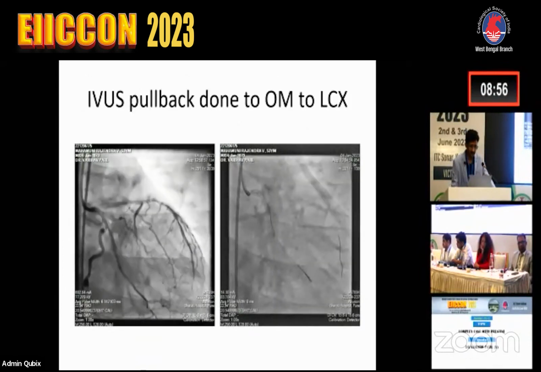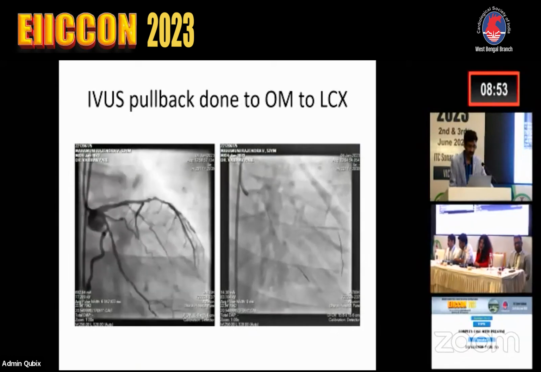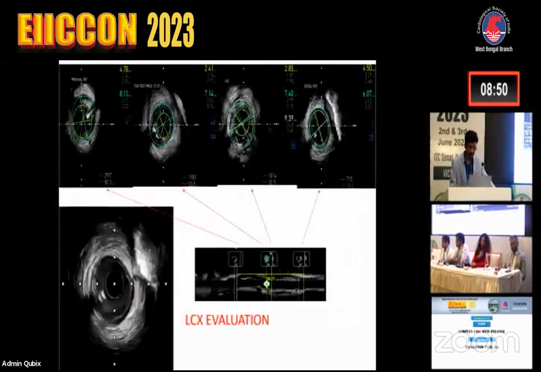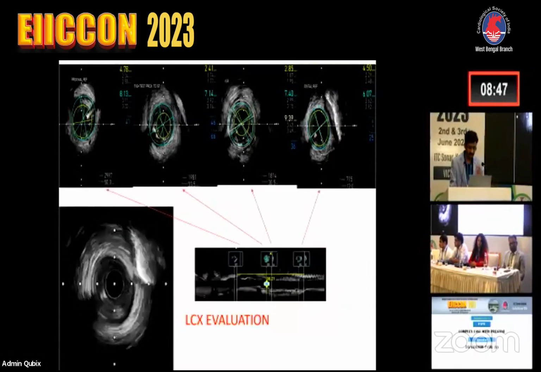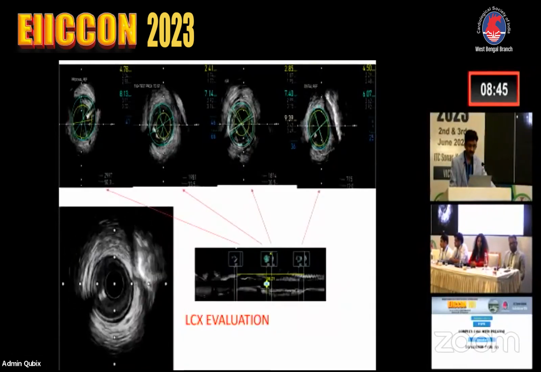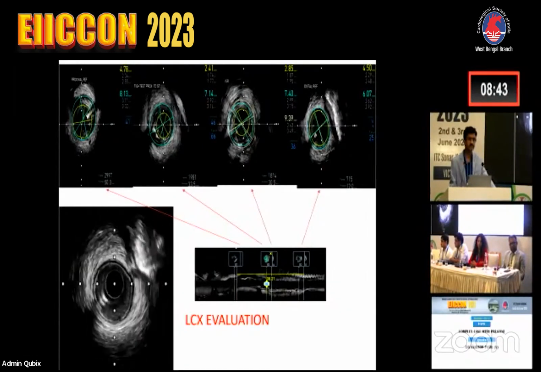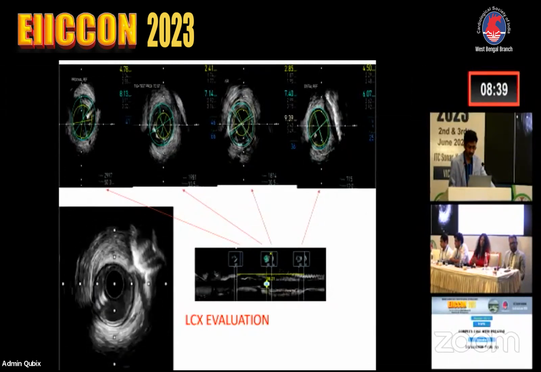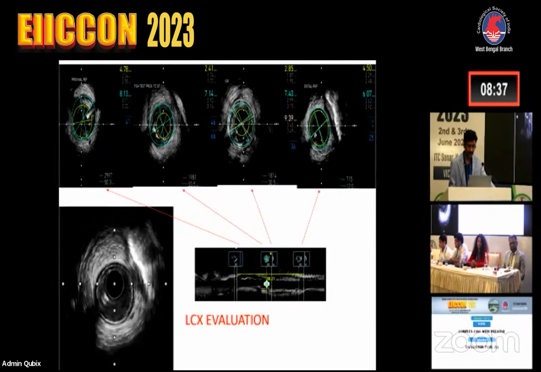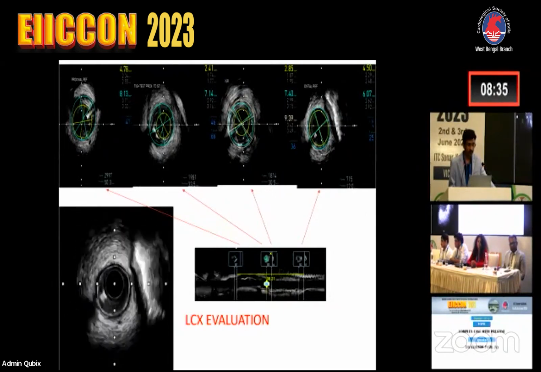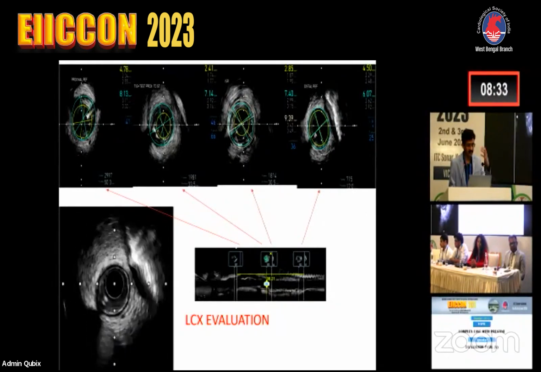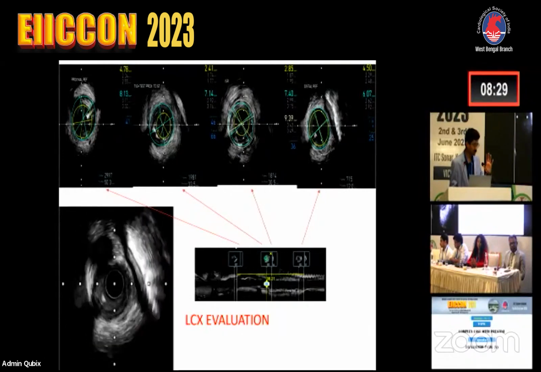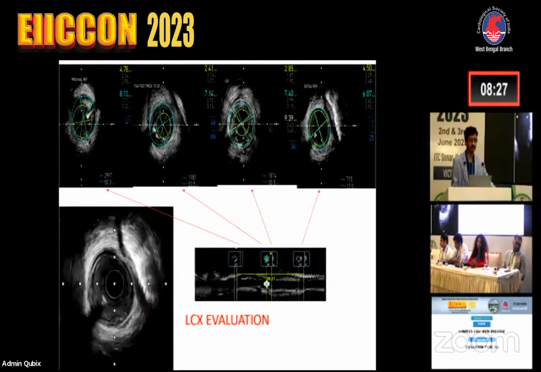The lesion was pre-dilated, and then IVUS was done at this moment. The right image is IVUS. Here we can see 2.85 was the maximum distal reference diameter. So what my eyes were seeing is that the stent is not 3 into 16. The diameter of the stent is definitely not 3.